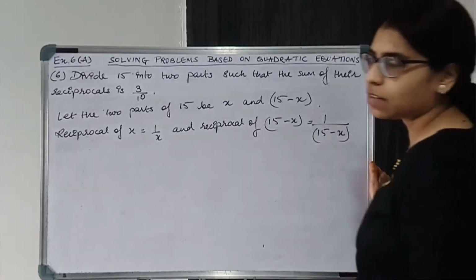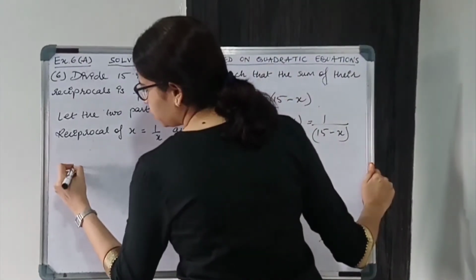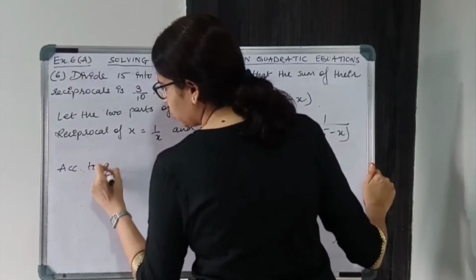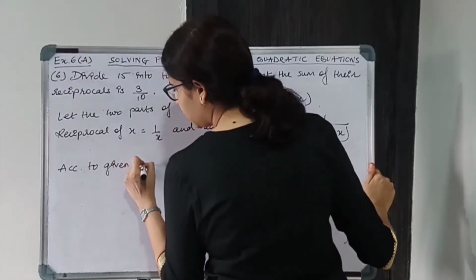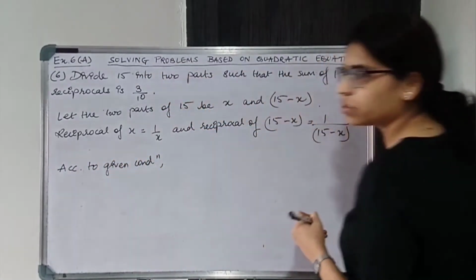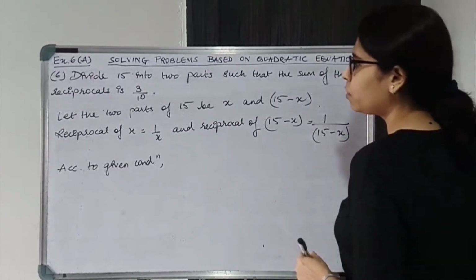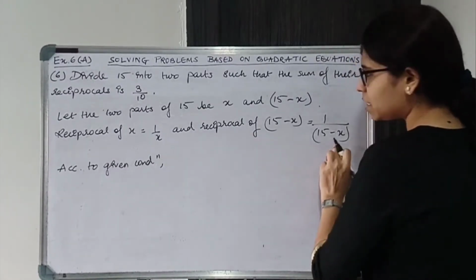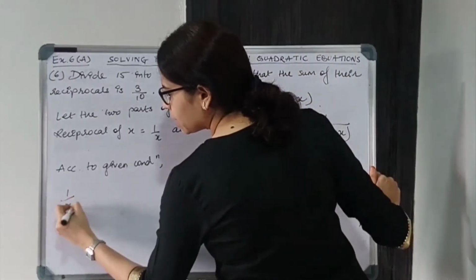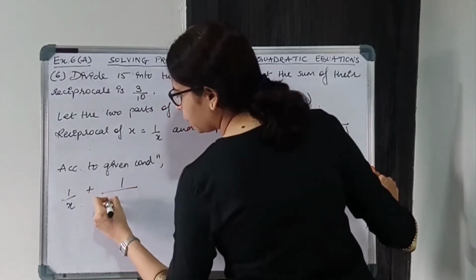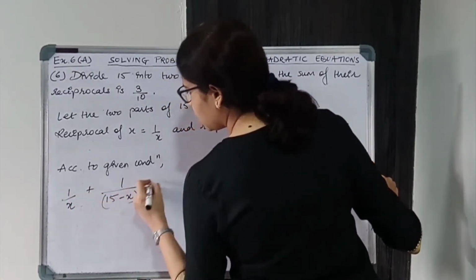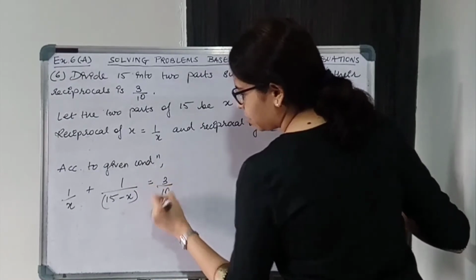Now the condition is given, so let's apply the condition. So just write down, according to the given condition, no short forms, students. So sum of the reciprocals, that is this plus this: 1 by x plus 1 by 15 minus x is equal to 3 by 10.